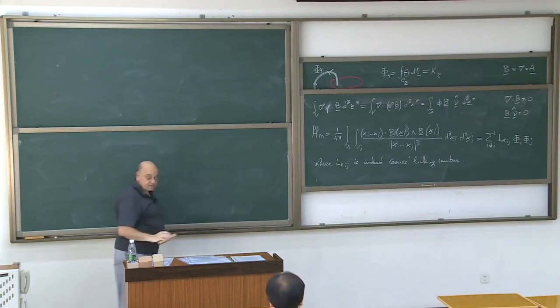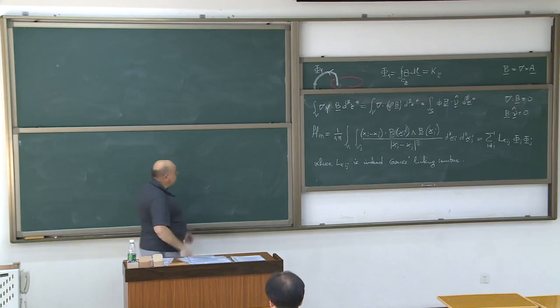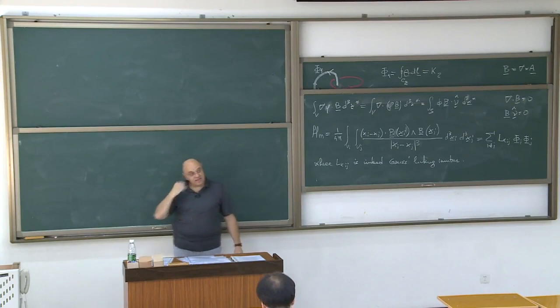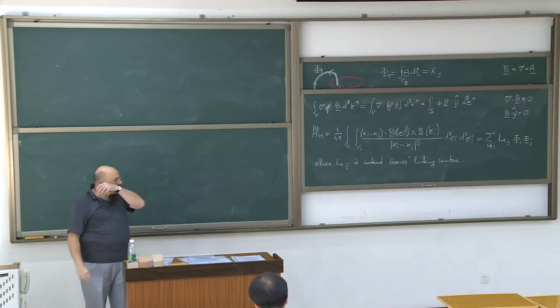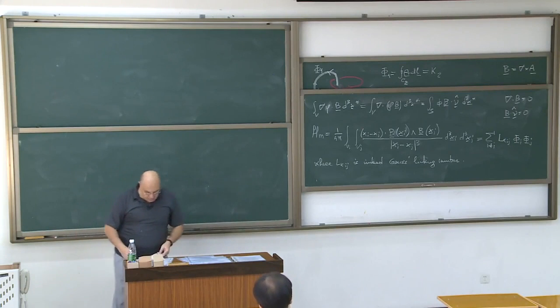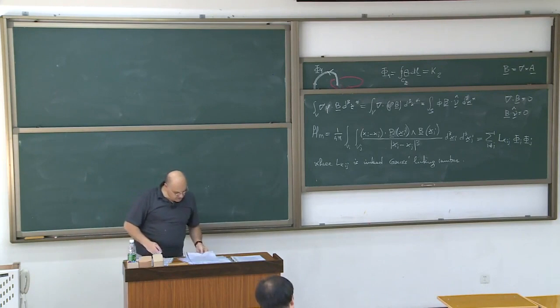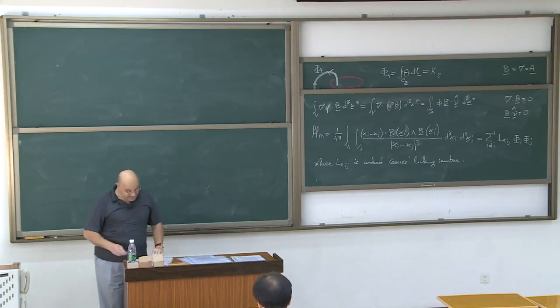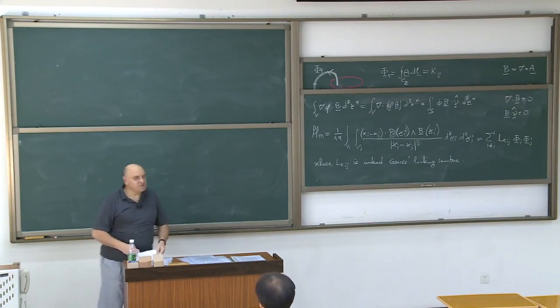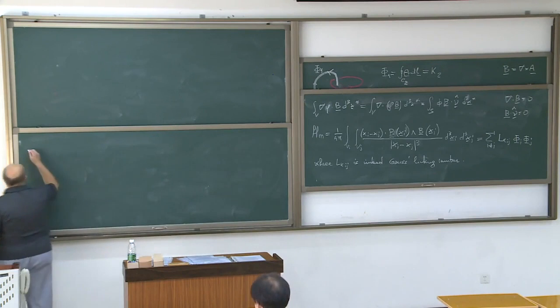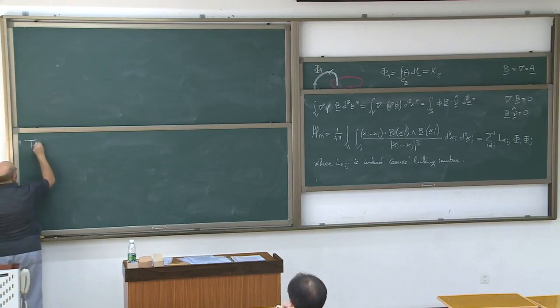If I want to say something else, then I better use my time for something else than to give you the proof of this. But this is a piece of work I did with Keith some time ago now. It's a joke. Long time ago. So we have a result, the following.